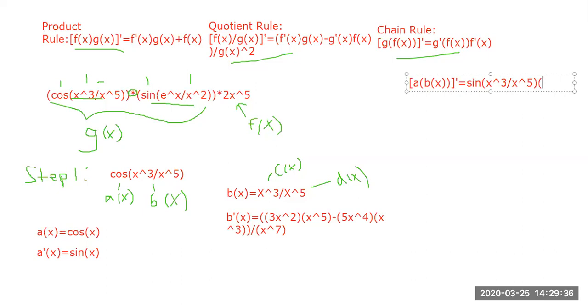So f prime of x, which is actually b prime of x, is this whole thing down here. I'm just going to copy and paste it, see if I can do that. Still learning the basics of all this Zoom stuff. It's looking like I can't copy and paste it, so bear with me.